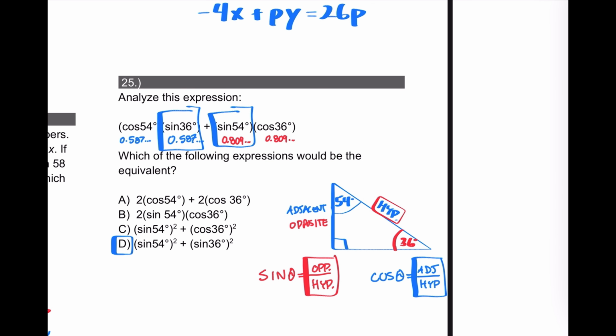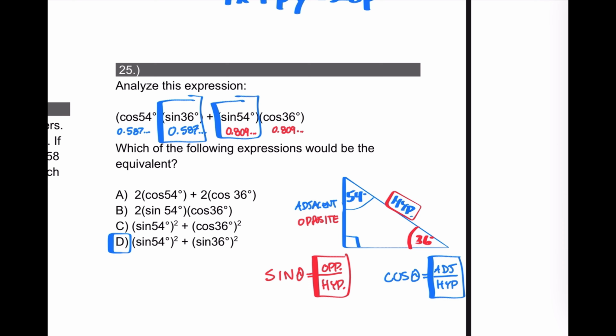Because of how that's set up, if you use 36 degrees, then you're looking at opposite over hypotenuse. But if you use the 54 degrees angle, you're actually looking at adjacent over hypotenuse. So you'll notice those are actually going to be the exact same ratio, therefore the exact same value. That is why that works out like that in your calculator.